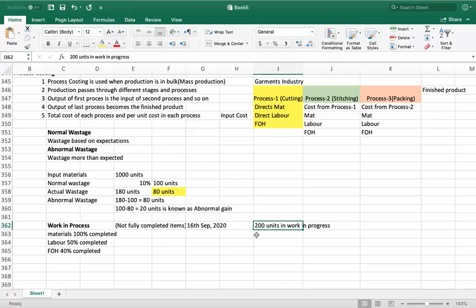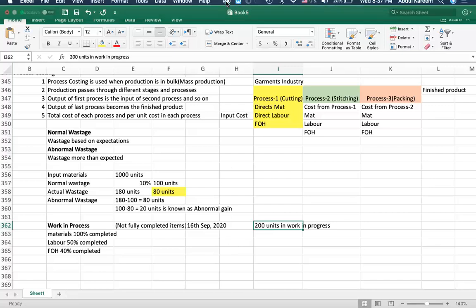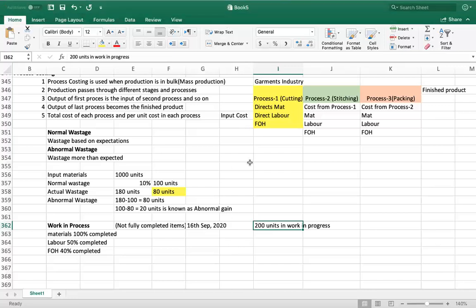Tomorrow, when we start completing these 200 units, how much material will we apply on them?